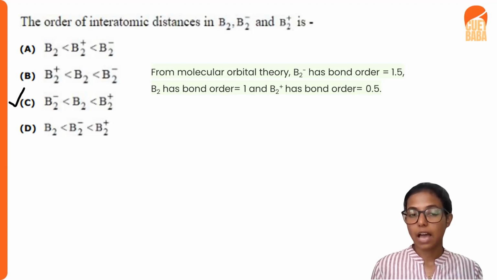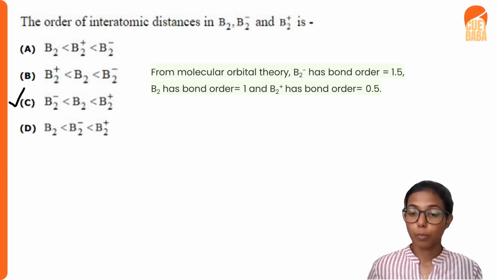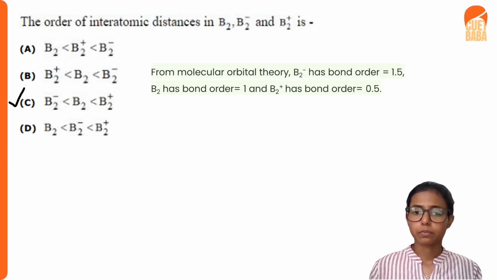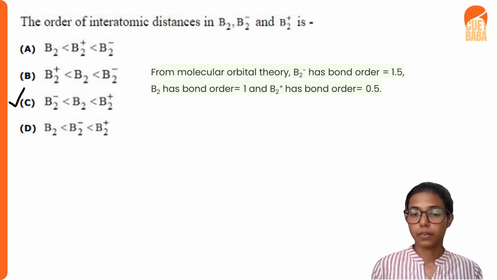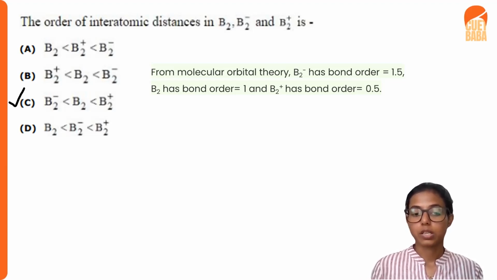So it will have a slightly higher interatomic distance than B2 minus, and lastly B2 plus has a bond order of 0.5. So it will have a further higher interatomic distance compared to the other two molecules. So the correct option will be B2 minus less than B2 less than B2 plus. So the correct option is option C.